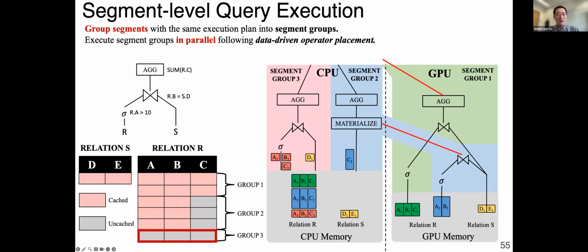Finally, for the third group, nothing is cached, so we just run the query in CPU. And finally, there is a merge operator that will combine the results from the different query execution plans for different segments, and that will give you the final output. The merge is typically not very expensive because this is the query result, and query result is typically small compared to the input data.